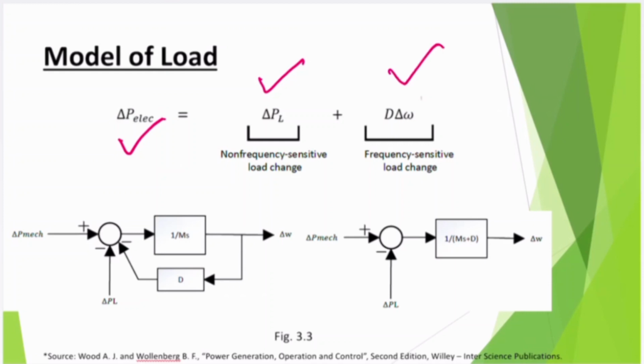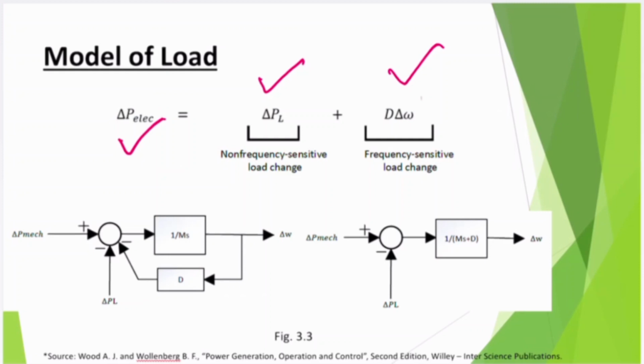If you see the equation compared to the previous diagram that I gave you, the delta P mechanical, delta P electrical, the P load, and the delta omega are in their place, but you can see that delta P electrical adds another component, D times delta omega, which is now injected in the place of delta P electrical.